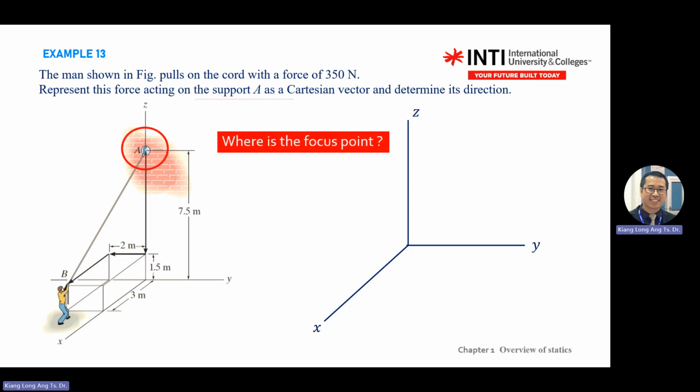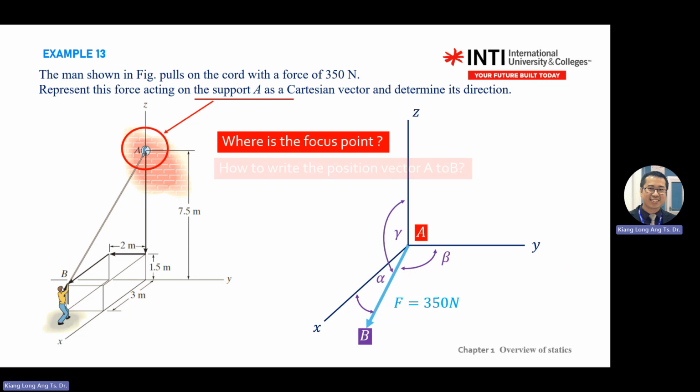So the focus point will be A. Although here is the origin, the question asks you to focus on A. So your XYZ axis, you pull up to A. So don't get confused by the question.